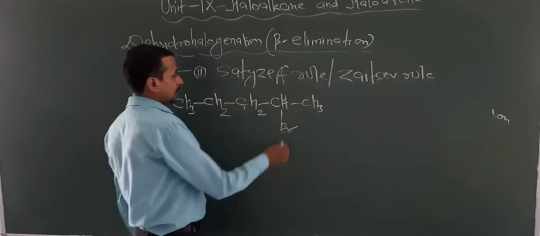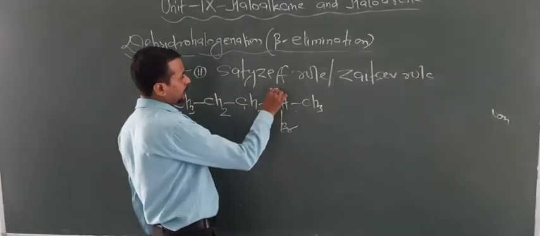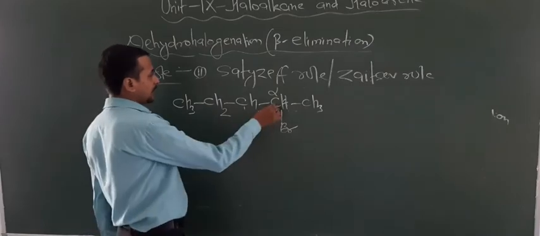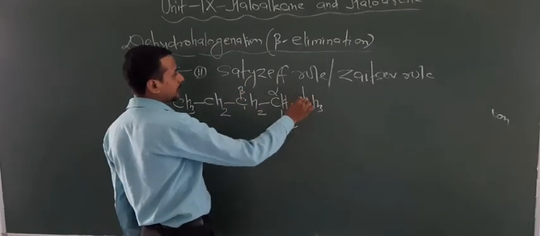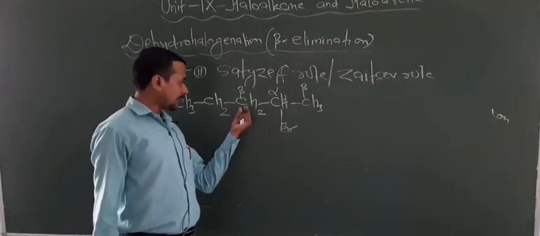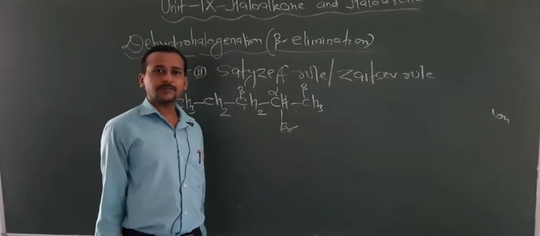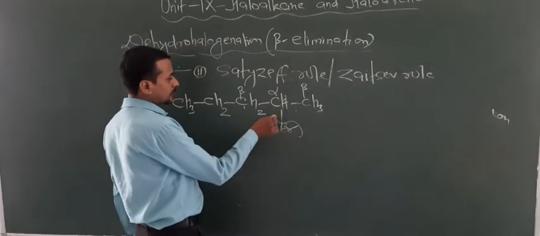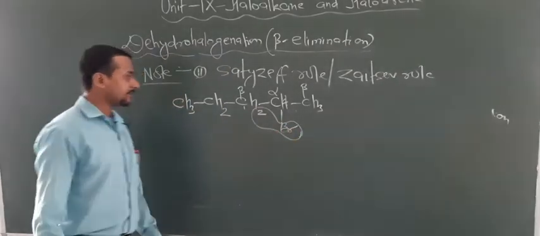So now the carbon attached to Br is known as alpha carbon, and the carbon attached to alpha carbon is beta carbon. So now look at here, this beta carbon has 2H and this beta carbon has 3H. So according to Saytzeff rule, the H is removed from the beta carbon with less number of beta H.